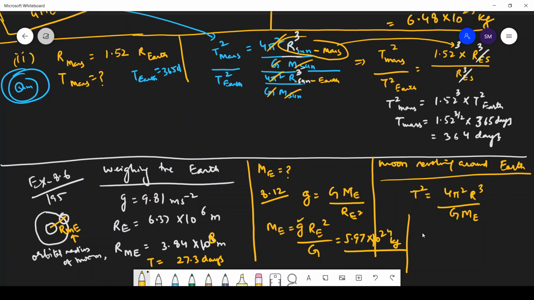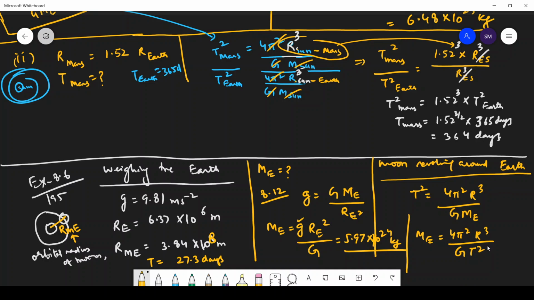Now from this formula, the mass of Earth is obtained by exchanging M_E and T square. We have written it earlier also. So that's equal to 4 pi square R cube divided by G into T square.